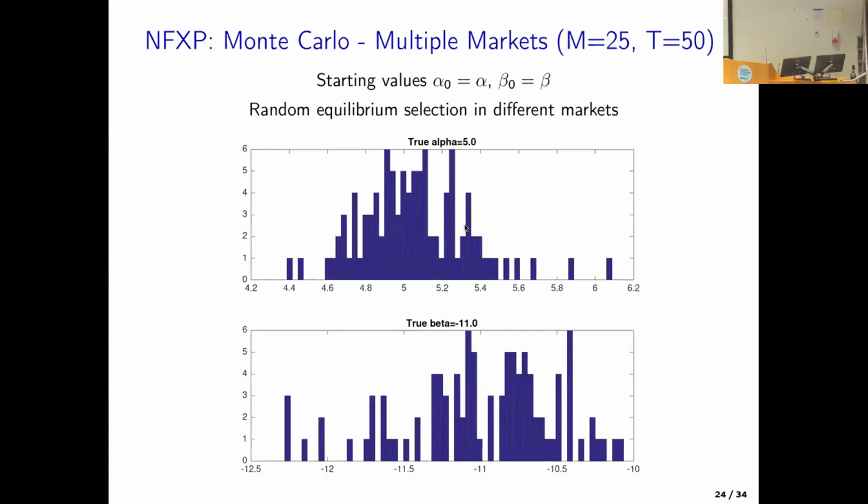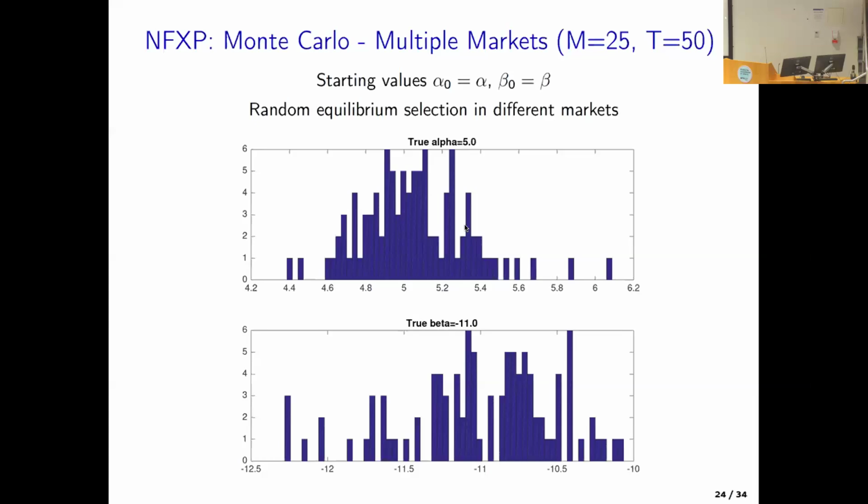I'm not sure I fully follow, but you don't like the idea that we are selecting different equilibria at different markets, or is it the implementation of it that you're asking about?